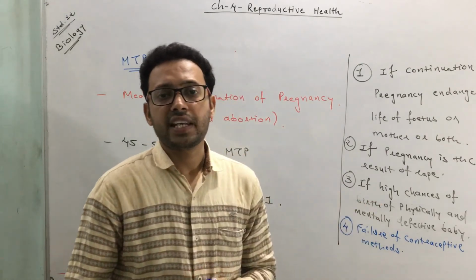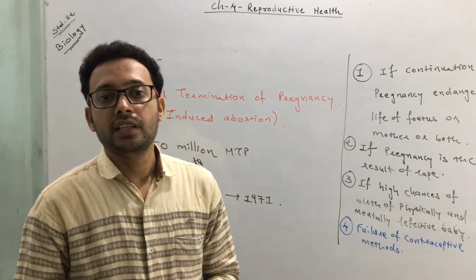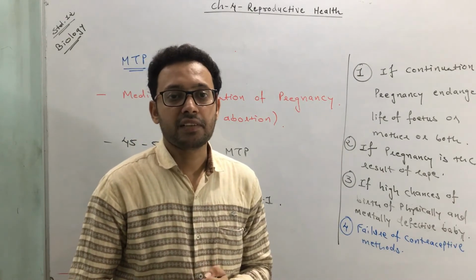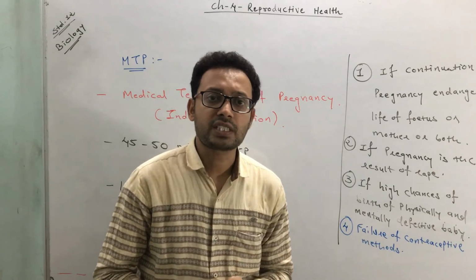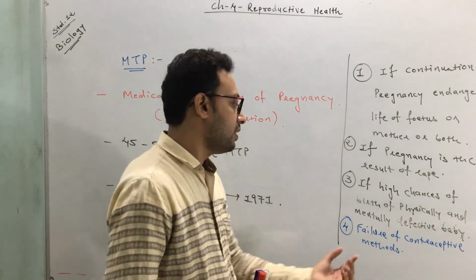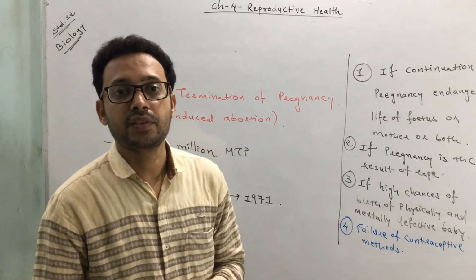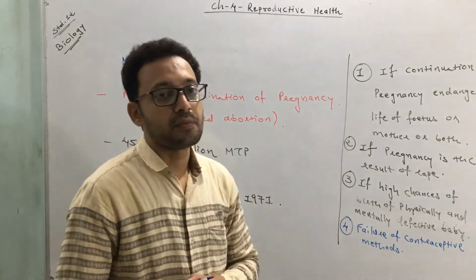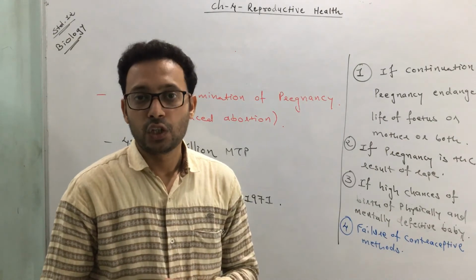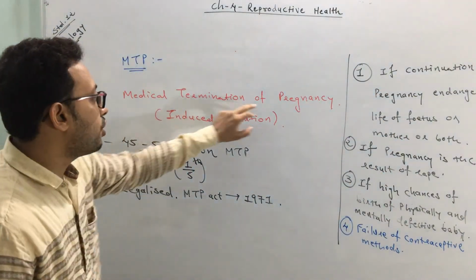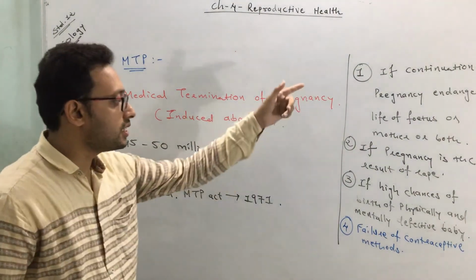Third, if there are very high chances that the baby going to be born is physically and mentally defective, so it cannot survive its life in a normal way. Fourth, if the pregnancy results from a failure of contraceptive devices. In those cases the MTP is allowed. Okay, so these are the 4 circumstances in which medical termination of pregnancy or induced abortion is allowed.